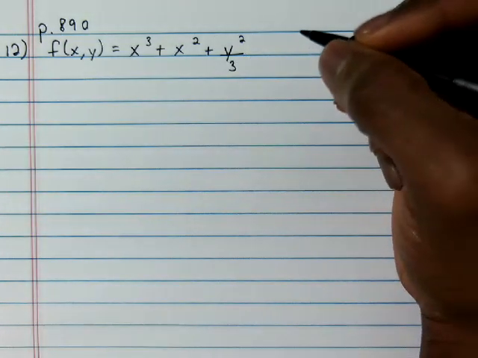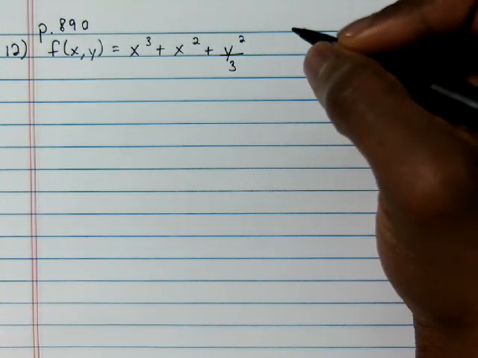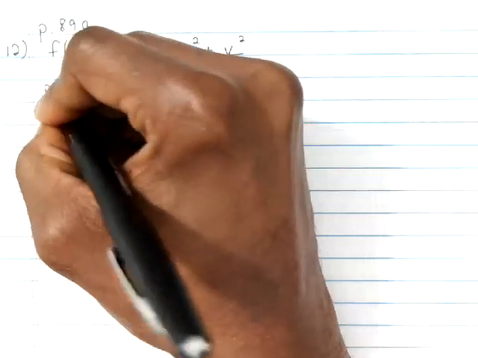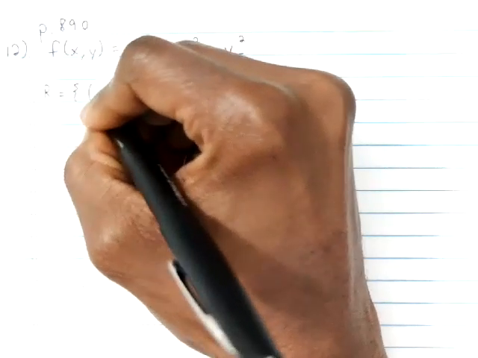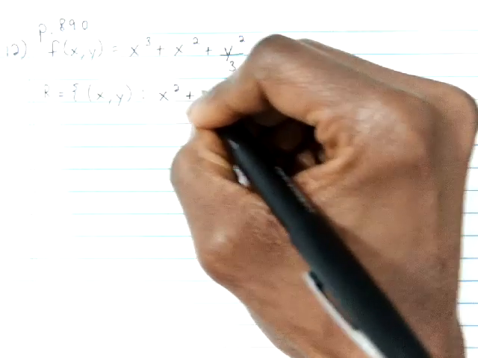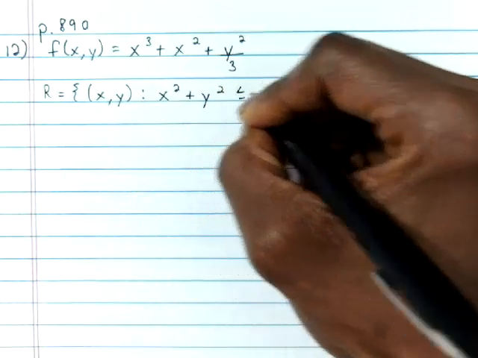And the region that they give us is x squared plus y squared is less than or equal to 36. So R equals this set of points x y such that x squared plus y squared is less than or equal to 36.